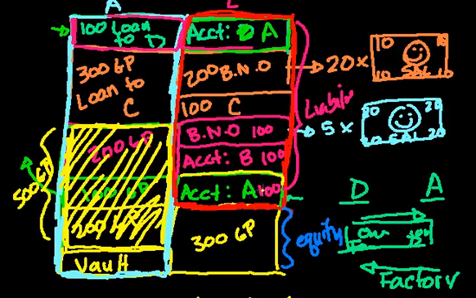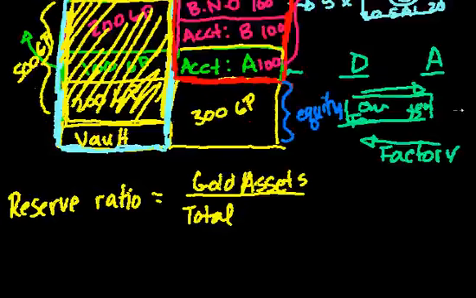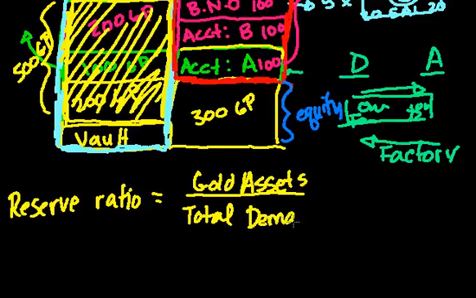Everything on the liabilities right now is on-demand, which means whoever has that liability can come back and exchange it for gold at any moment in time. But the bank could have taken just a regular loan, and a regular loan might not be on demand. It might be a loan that the bank doesn't have to pay back for 10 years, in which case there's no reason why the bank would have to set aside some gold to pay that back. So let's make our definition not total liabilities, but total demand liabilities.